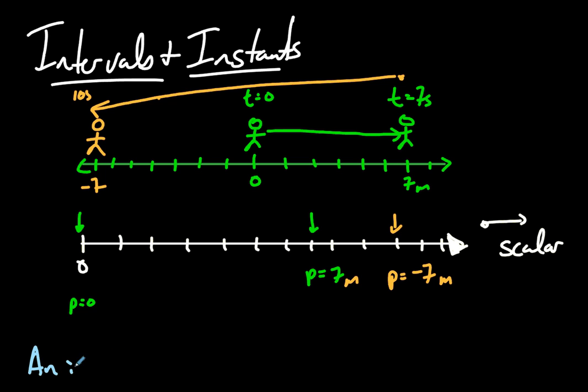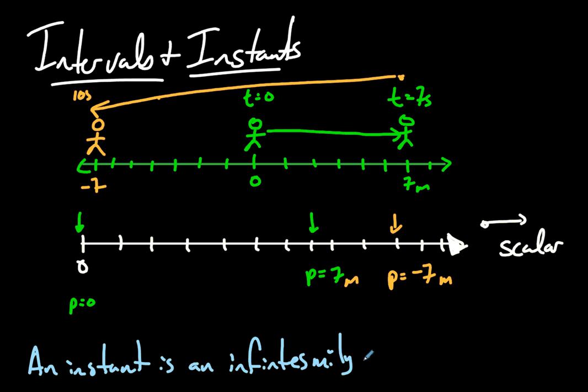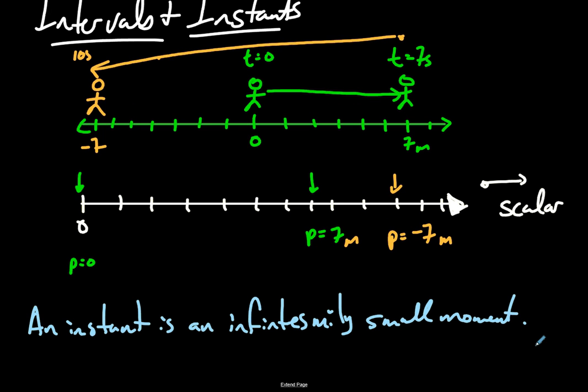An instant is an infinitesimally small moment. Okay? In fact, an instant in time takes up no time itself. You might also call it a point in time. A point in time. Okay?